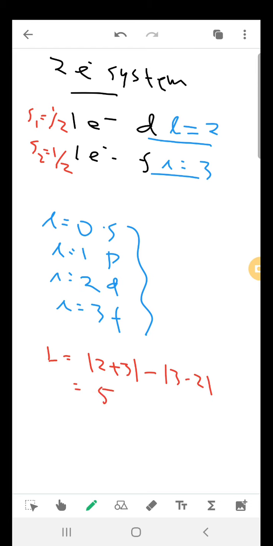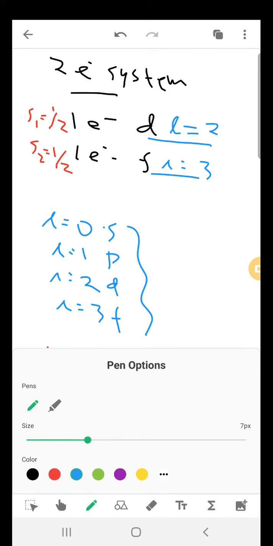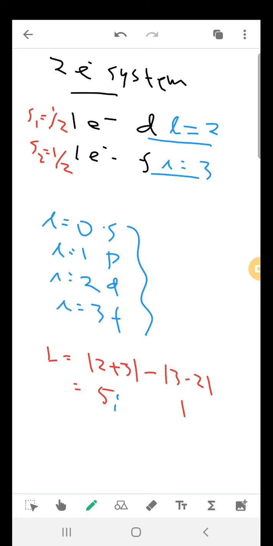So 2 plus 3 is 5 and 3 minus 2 is 1. We include the other values also: 4, 3, 2. So this corresponds to all the L values.